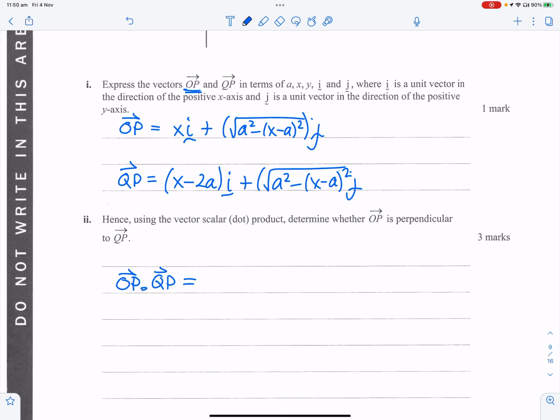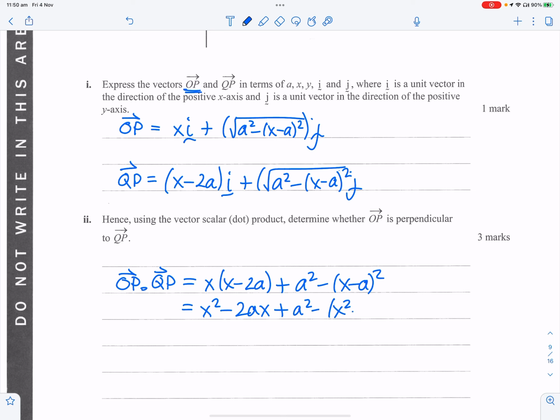Okay, if we dot them together, we get x minus 2a, and if we multiply them together, we get a squared minus (x minus a) squared. We get x squared minus 2ax plus a squared minus x squared minus 2ax. You might ask, why am I doing this?